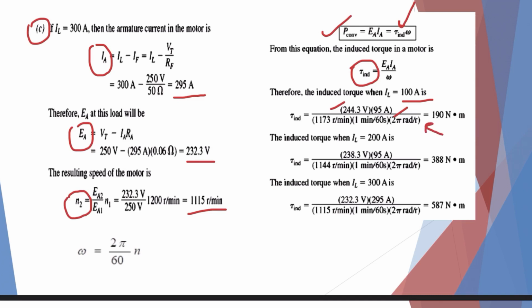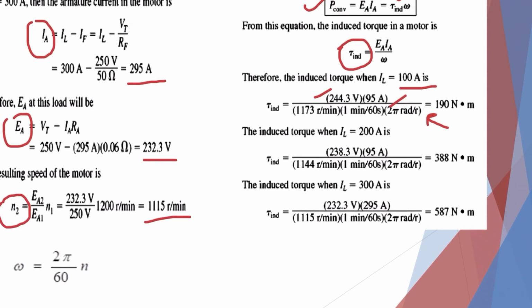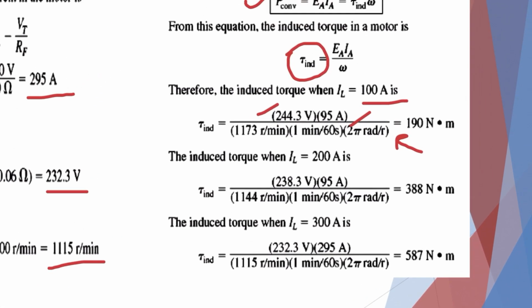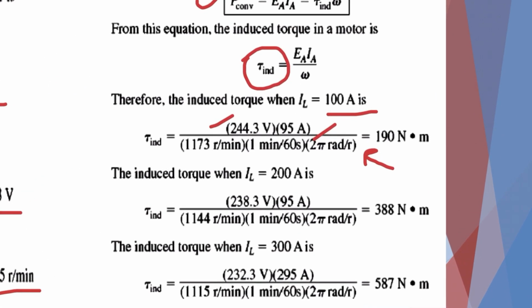Let's zoom in here. Can you see here? This is the speed we already calculated, 1173. We have to convert it from revolutions per minute to rad per second.